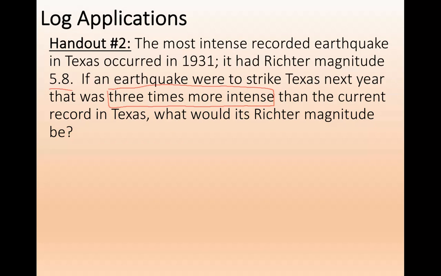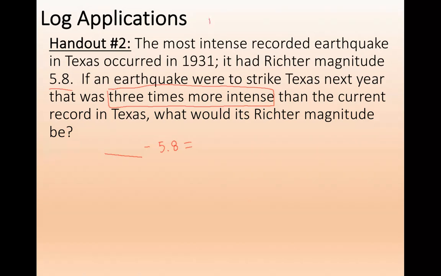So let's see. We're going to end up with something minus 5.8. I want it to be 3 times as much, and I'll explain where I'm getting this in a second. Well, what was the equation here? My fault, I didn't write the equation for you at the beginning.